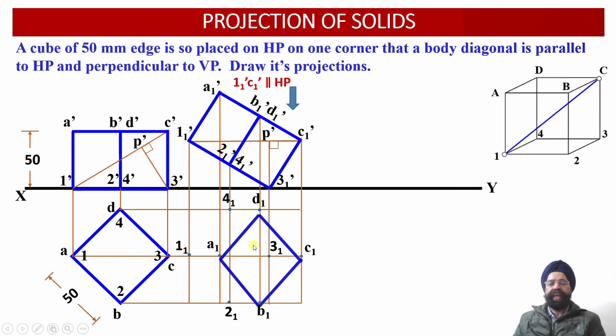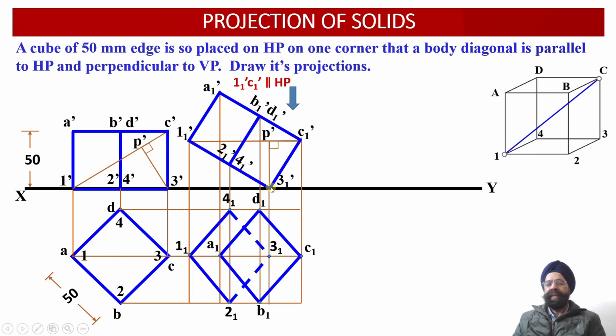So let us join, please check, A1, B1, C1, D1, because this is the top face, this is visible to the observer. So everything has been drawn using the object line. Let us now join 1-1, 2-1, 3-1, 4-1 and 1-1. Now we can see point 3-1 is farthest away from the observer.